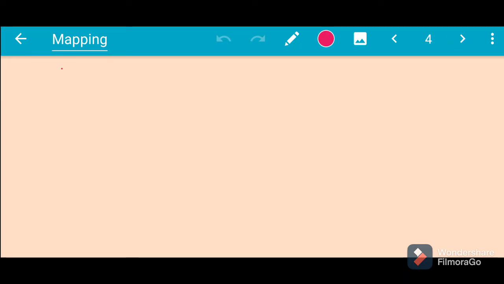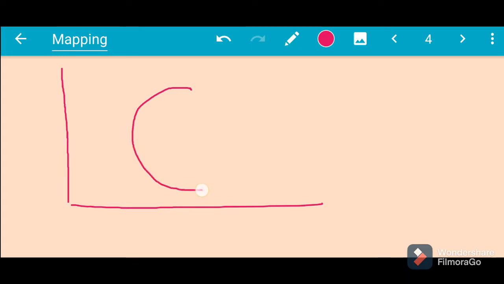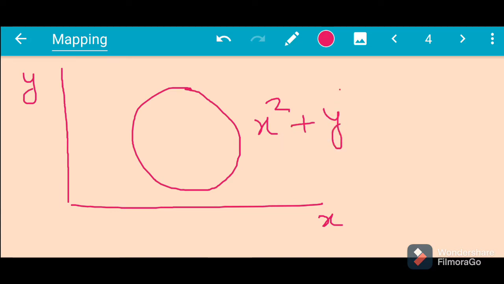Now what we know about the circle, so this is a circle. From the standard equation of circle, we know the equation of circle is x square plus y square is equal to 1, since S1 is a unit circle.